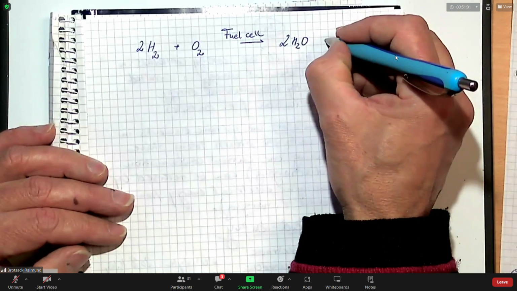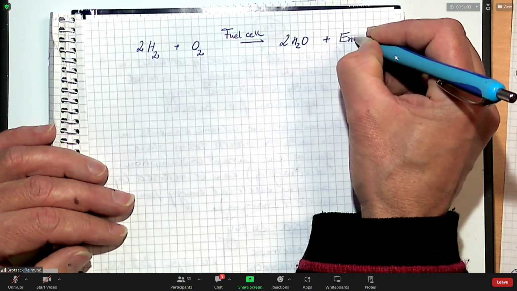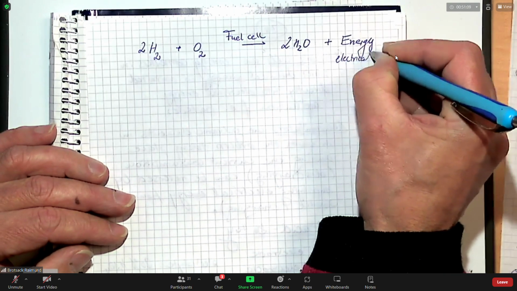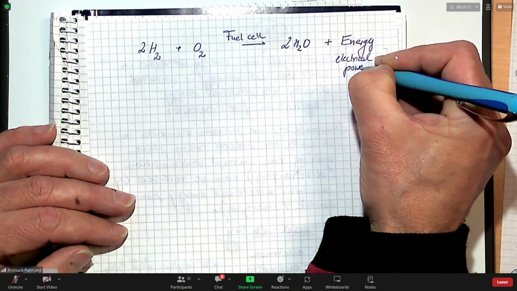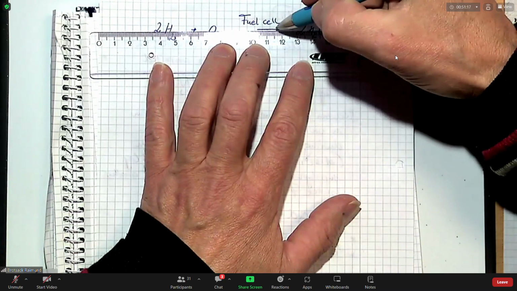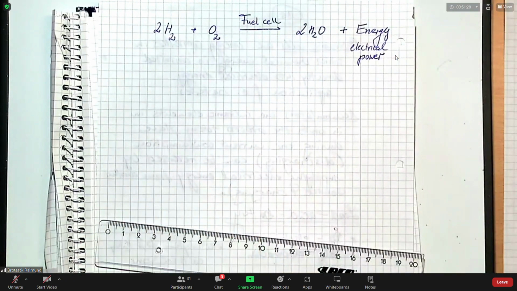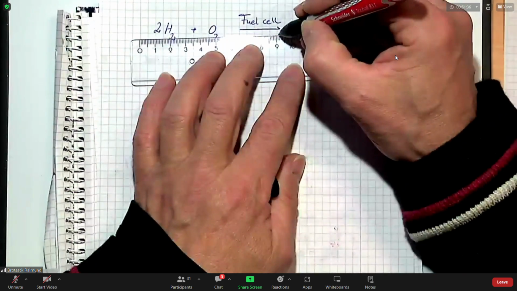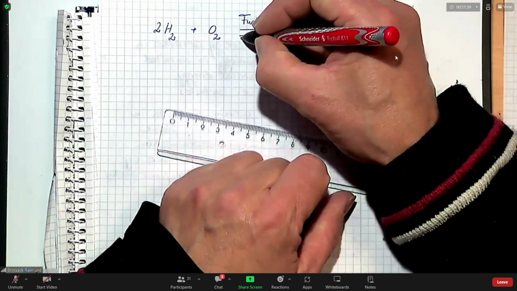Because here we are creating energy in form of electrical power. This is where we can use hydrogen. But now, of course, when we are producing hydrogen out of fossil fuels or whatever, that's not a good idea. The good idea is to say, let's produce green hydrogen, and that is done in an electrolyzer when we operate the system in the opposite direction.